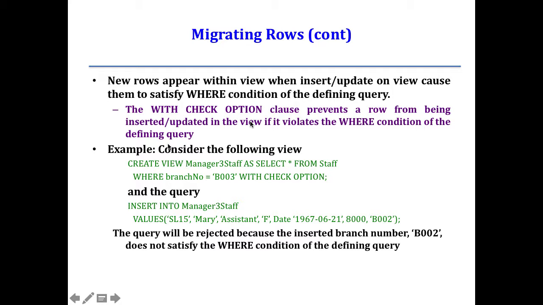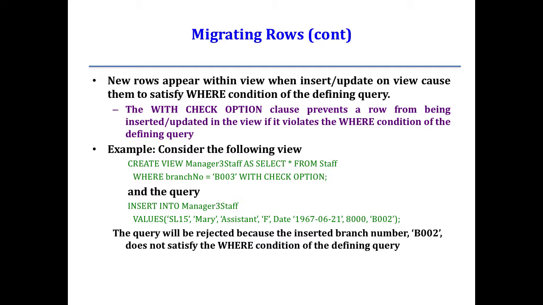I already gave you an example where this was selecting all staff in the B3 branch, and now we try to insert into that view a person in the B2 branch. That should be illegal because clearly it was only meant to be people in the B3 branch.